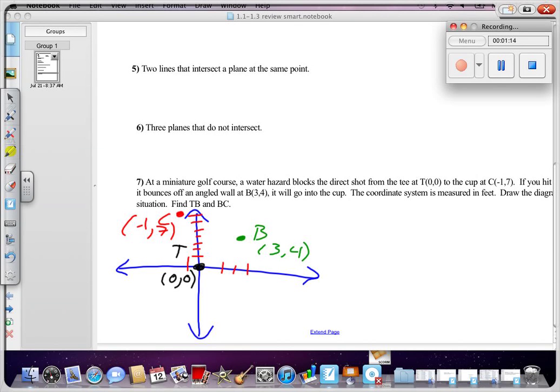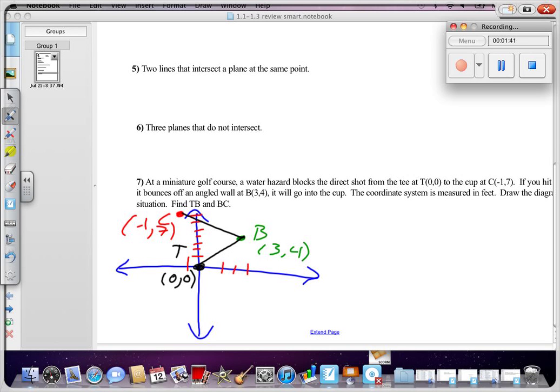Draw the diagram of the situation, and then we're going to find T to B and B to C. So we've drawn it, and we want to find the distance between T to B and B to C. So we're going to putt from here, hit off that wall, and go into the cup. So we're going to find the distance.